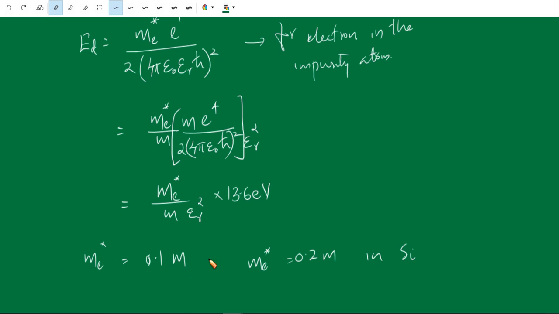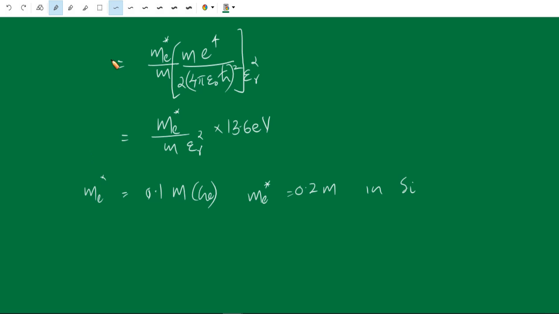What is the ionization potential? Also, the dielectric constant of germanium is about 16, whereas for silicon it is around 12.